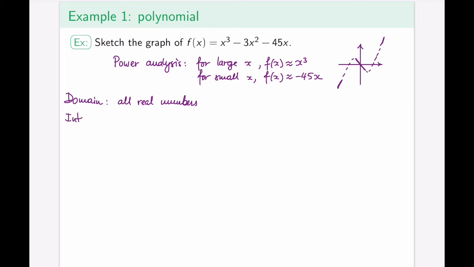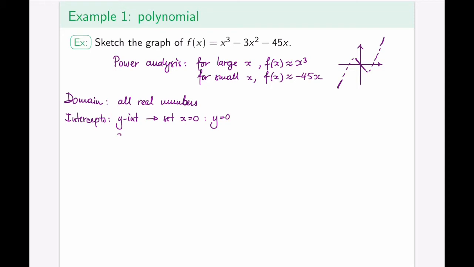Next up on our list, we had intercepts. The intercepts that are easy to find are always the y-intercept, because for that, we will set x to be 0 and simply compute. If I set x to be 0 everywhere here, I will get that y is also equal to 0, which means that the y-intercept here is at the origin.